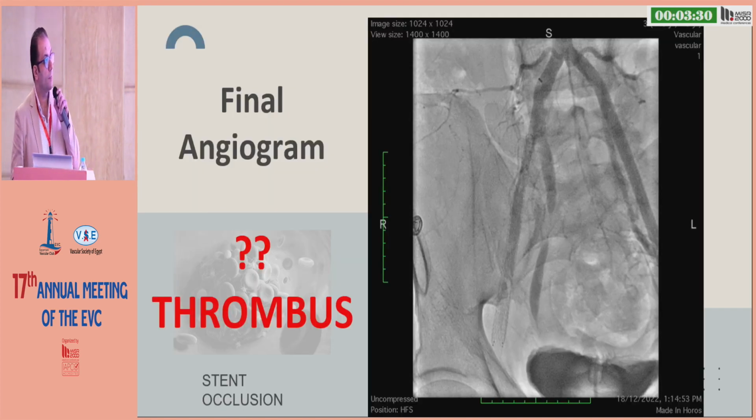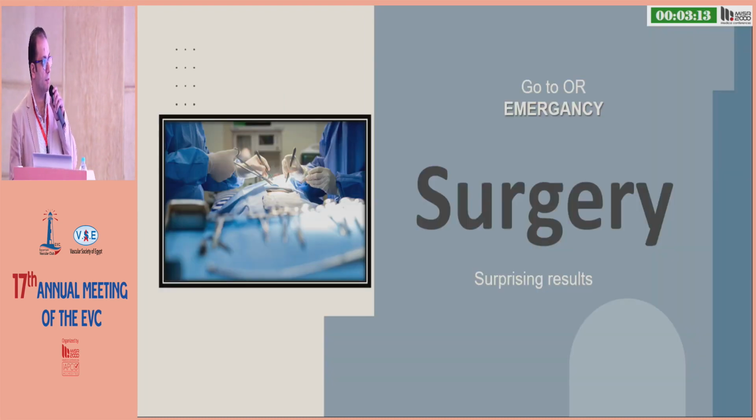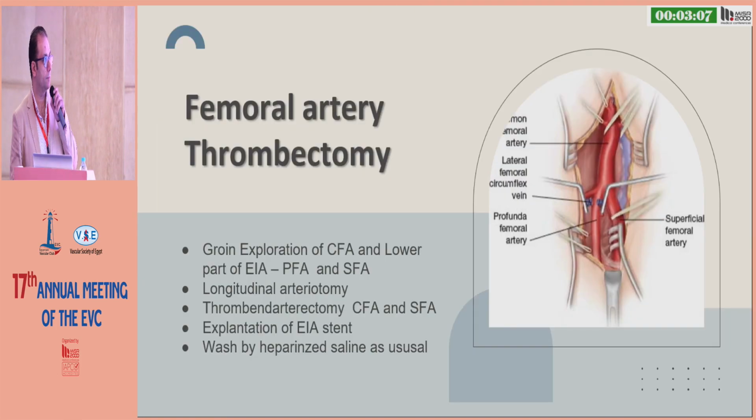In the final angiogram, we found external iliac artery thrombosis, common femoral artery thrombosis and profunda thrombosis, and the stent is totally occluded. The patient was complaining of signs of acute limb ischemia, severe agonizing pain. We went to the operating theater and did surgery for him.